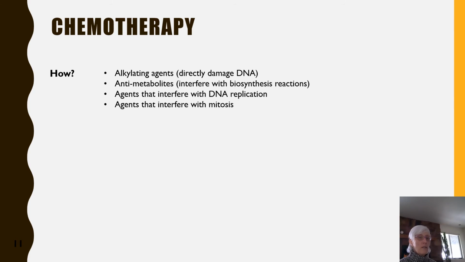Or they are agents that interfere with the process of mitosis. Most of those specifically interfere with the development or function of the spindle fibers that move chromosomes around during mitosis. So all chemotherapies, all chemicals that are involved in the treatment of cancer fall into one of these four categories if they are classically chemotherapy agents.